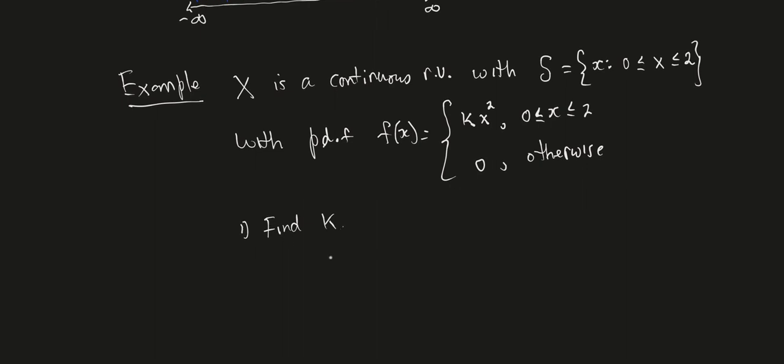What we know is that when we integrate our PDF from negative infinity to positive infinity, that has to be equal to 1. But in this case, we really don't need to go from negative infinity to positive infinity because the sample space is the interval from 0 to 2.